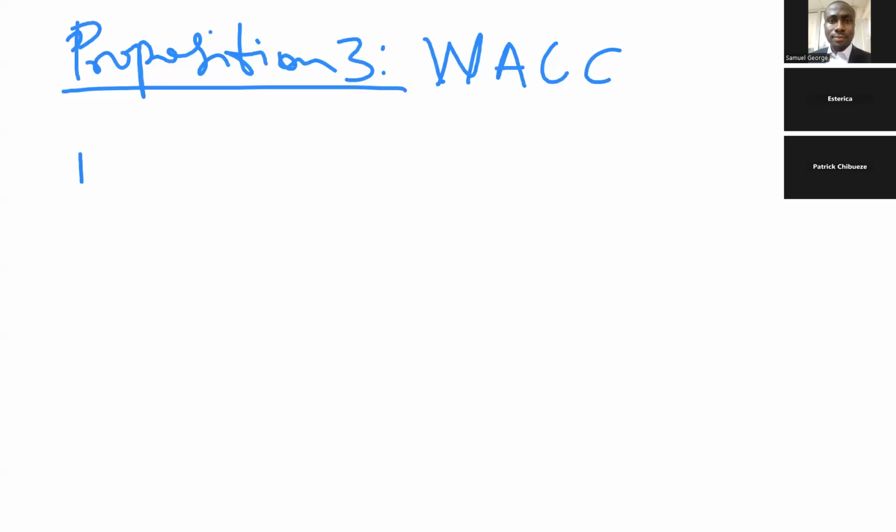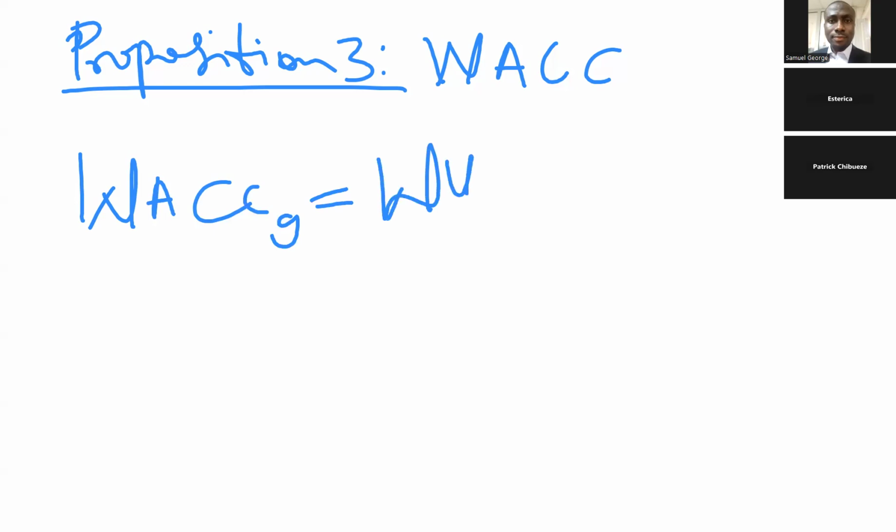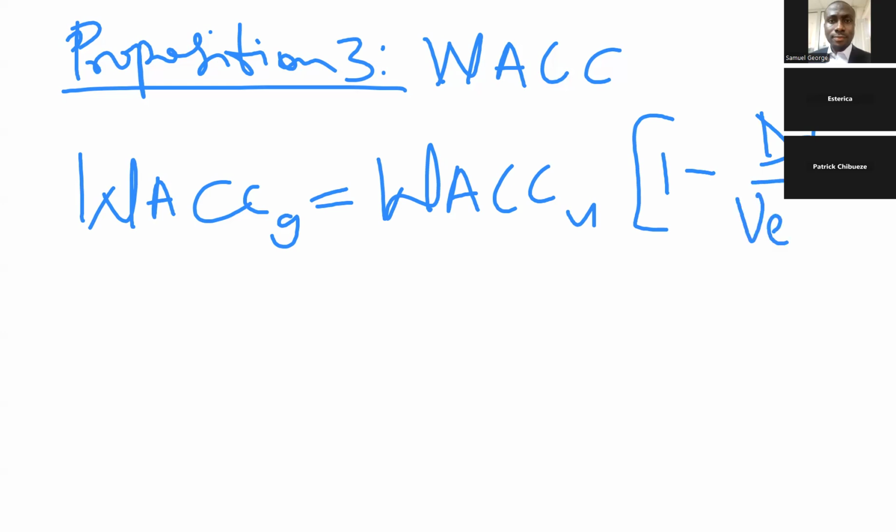It says the WACC of a geared company is equal to the WACC of an ungeared company, times 1 minus DT divided by VE plus VD. So these are the propositions.